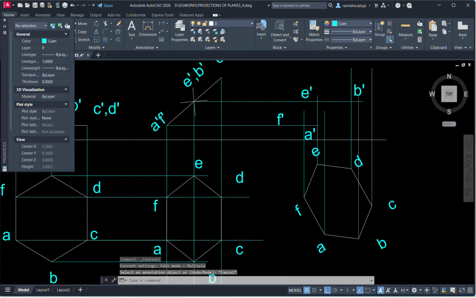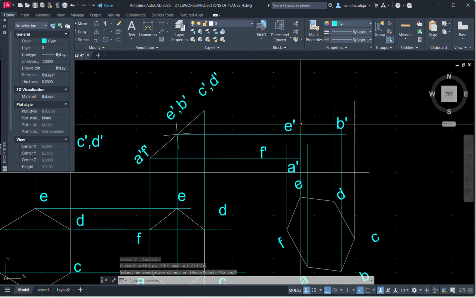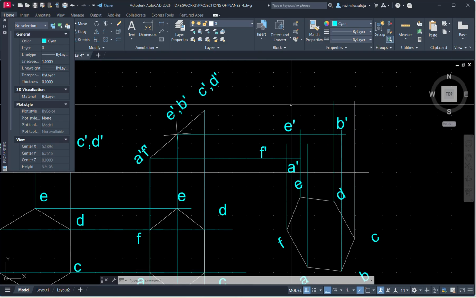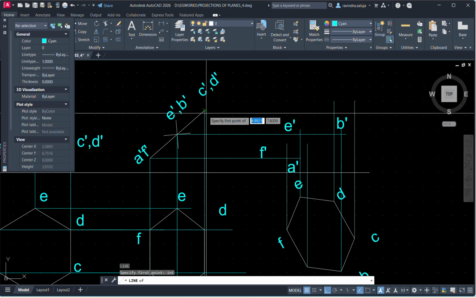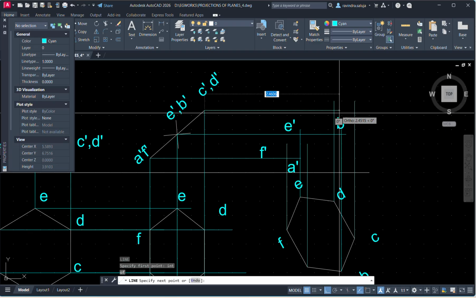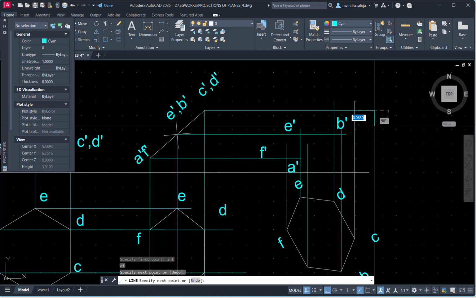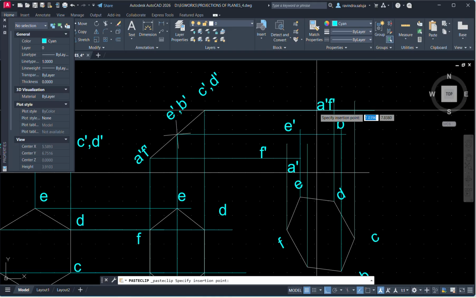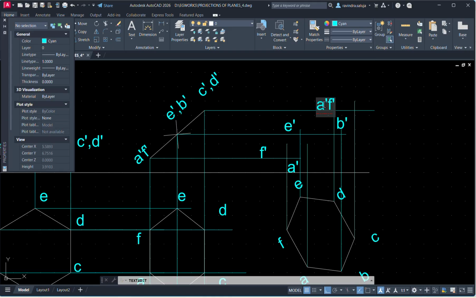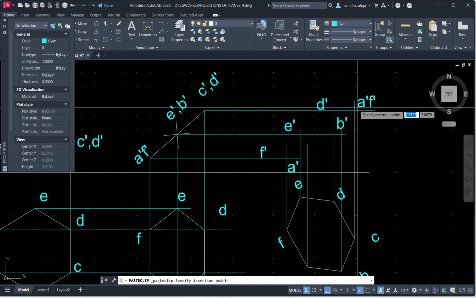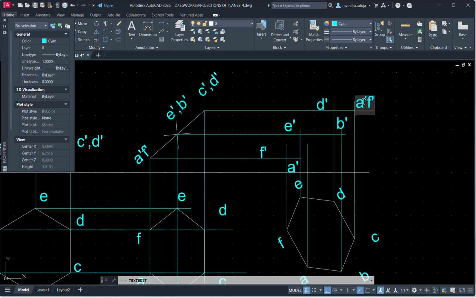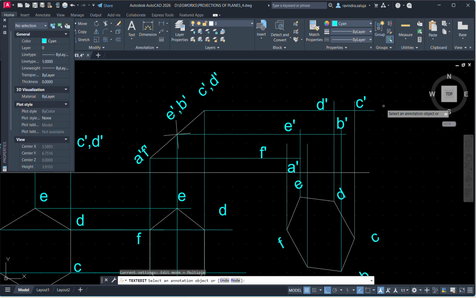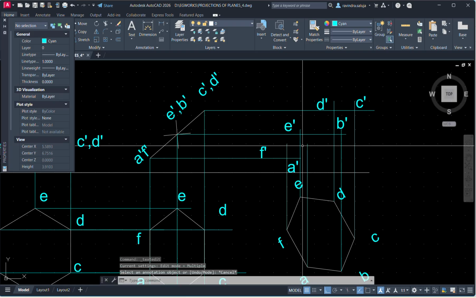Okay. Now C dash and D. So here your D will come, here your C will come. So this one is D dash and this one is C dash. Okay. Now all the points you need to join.